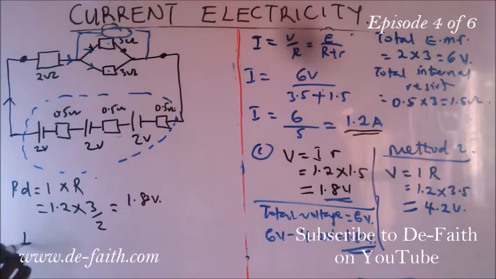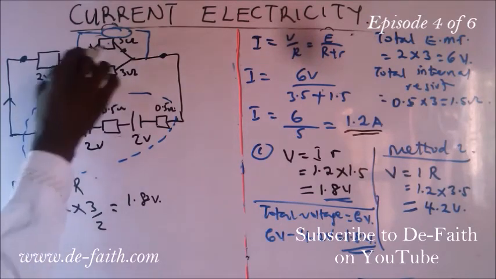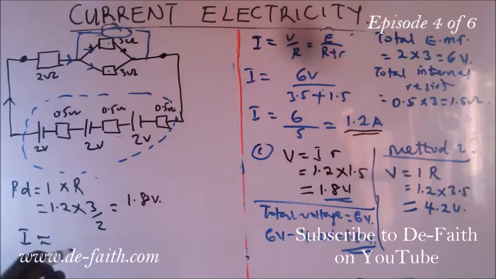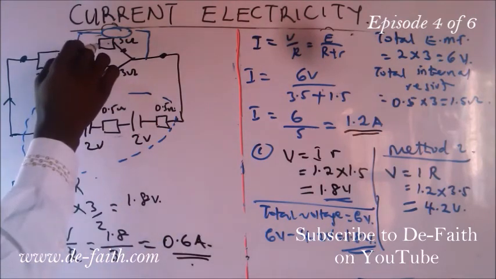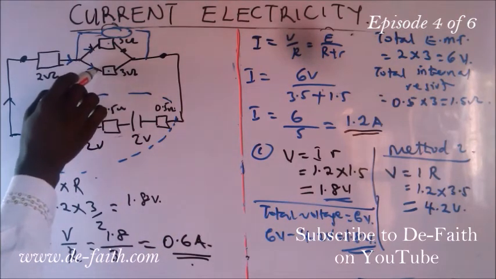To get the current flowing in each of them, we have current equals V/R, and here our voltage is 1.8 and the resistance is 3. So we have 1.8 divided by 3, and that gives us 0.6 ampere. This is the current that flows here, and this is the current that also flows here.